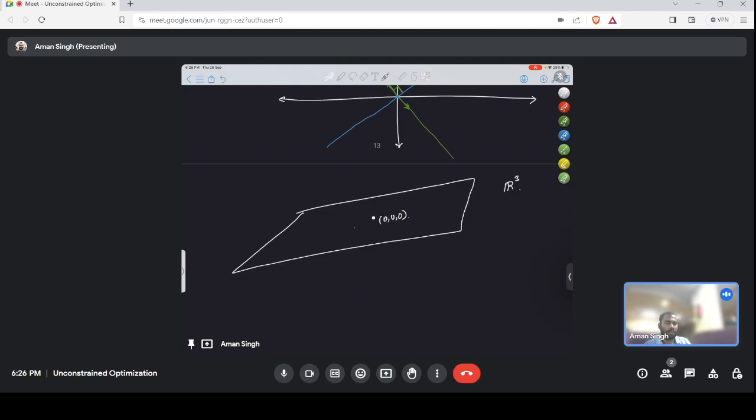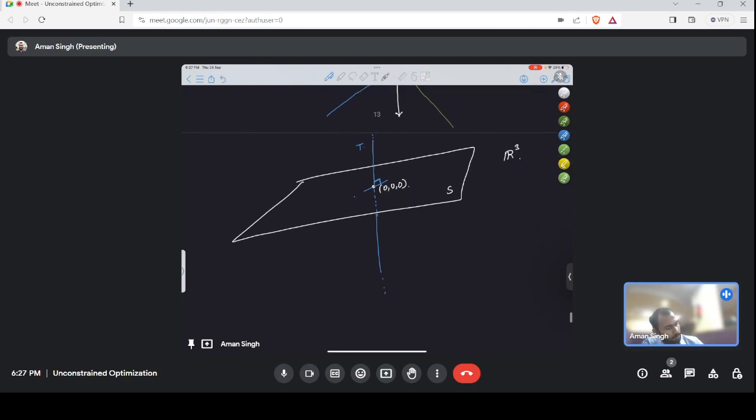It turns out the line passing through the origin and perpendicular to the plane is the orthogonal complement of this. Let's say this is S. Here T is the orthogonal complement of S. So these are the two examples.